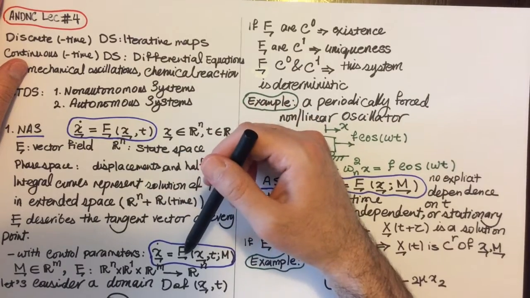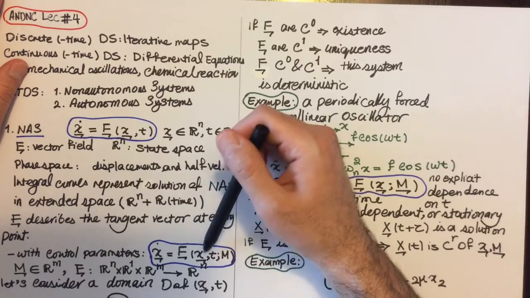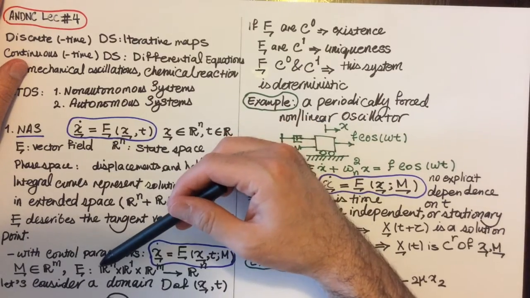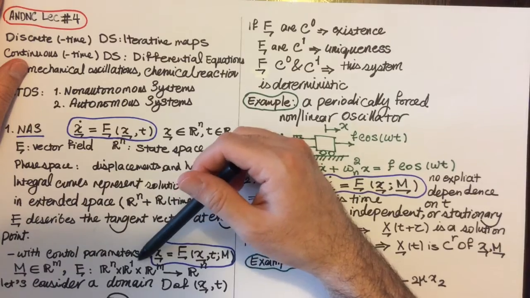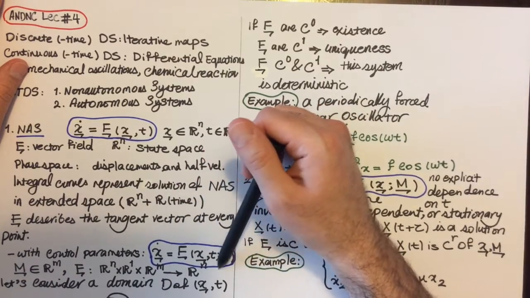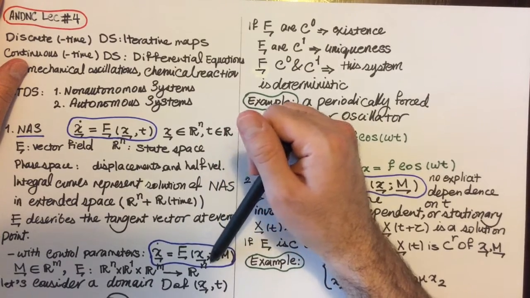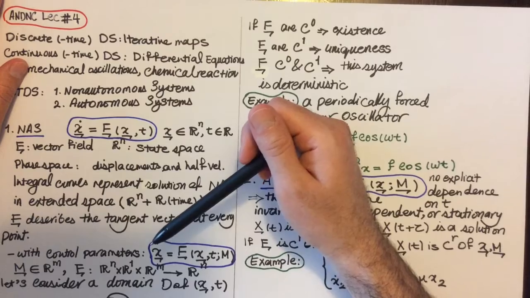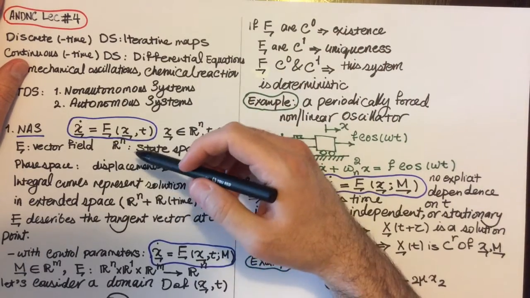Therefore, f is a function from Rn, because x belongs to Rn, and then time belongs to R1, and m belongs to Rm, and it goes to Rn because on the left hand side we have x dot, which was an n-dimensional state vector.